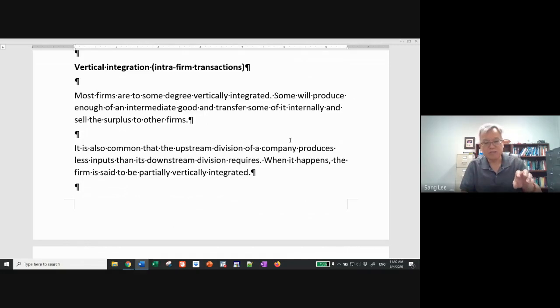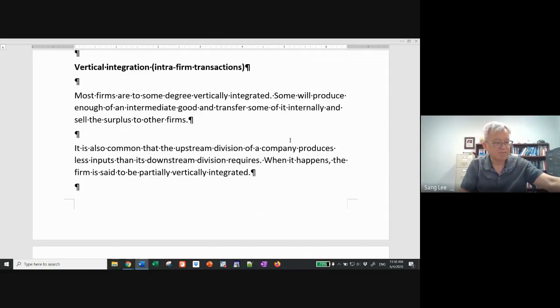It's going to fill the shortage by purchasing inputs or parts from outside independent suppliers. So when the downstream division gets inputs it needs from both its own upstream division and also from independent market firms, we say the firm is partially vertically integrated.